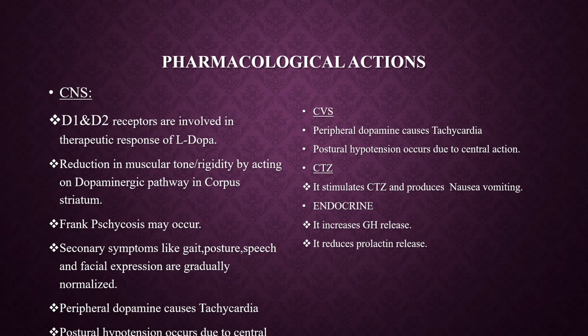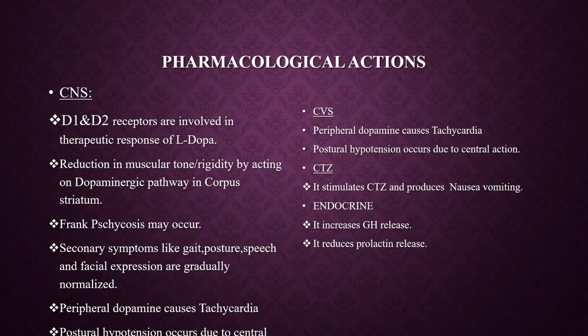When the receptors are activated, there is a reduction in muscular tone or rigidity, because the drug is acting on the dopaminergic pathway in the corpus striatum, which controls muscular tone and rigidity. So there is a reduction in muscular tone and rigidity.